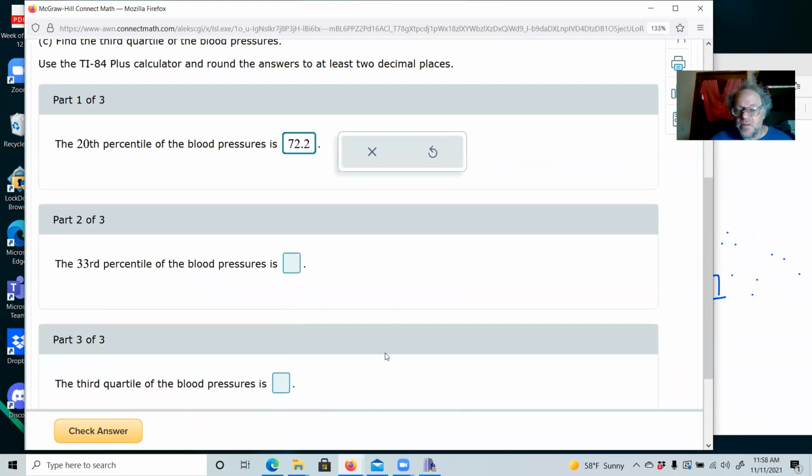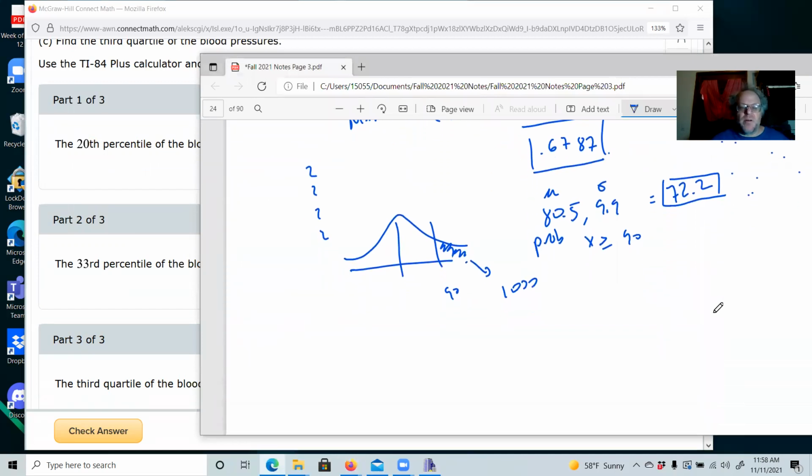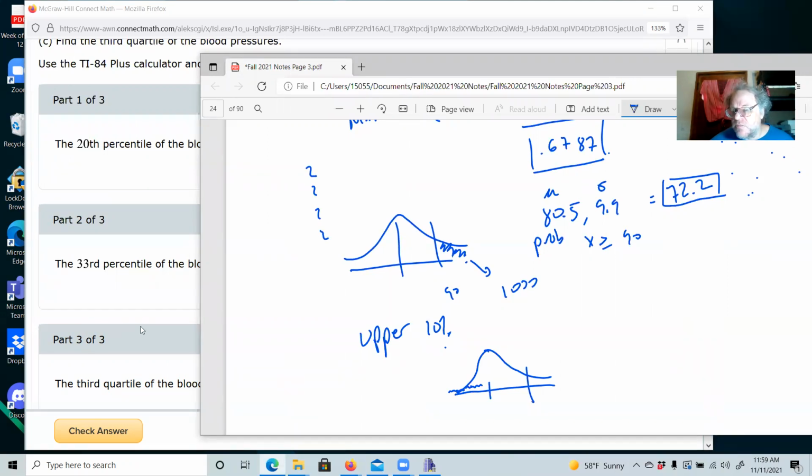And then we're just going to go through all of this. What if they wanted something like the upper 10%? We can't do upper because inverse normal goes from negative infinity up to where you said. So if I want the upper 10%, what percentile is that? Well, that's 100 minus 10.